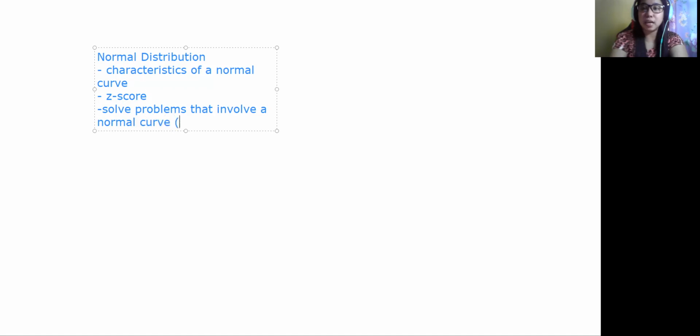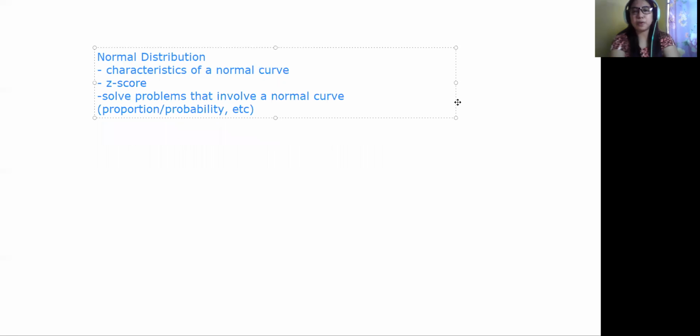This is in computing for either proportion or probability and other related problems. Okay. And of course, in doing so, we need to discuss also how to use the table of areas under the normal curve. Okay, let us start with the first objective.